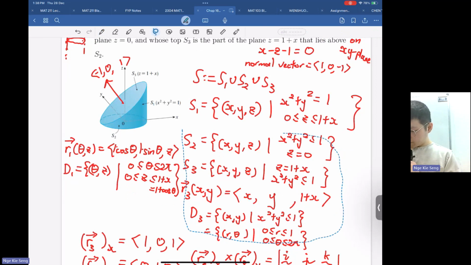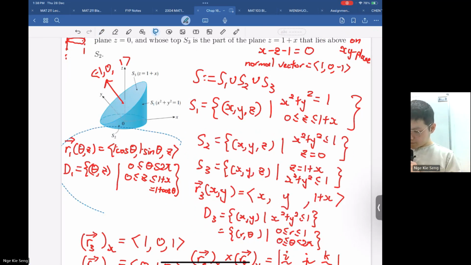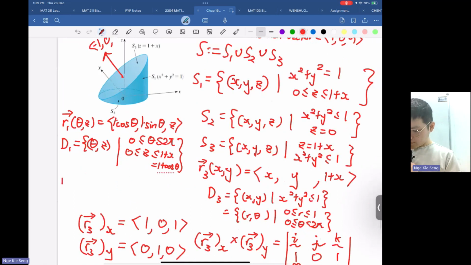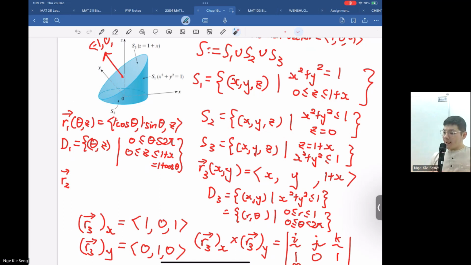How about R2? So S for S2. For S2, what are the two variables that you need to describe this? X and Y. So how are you going to use X and Y here?